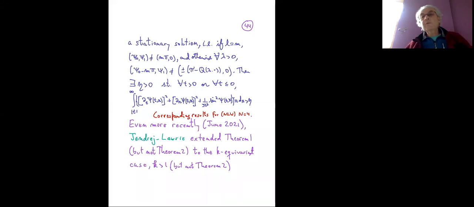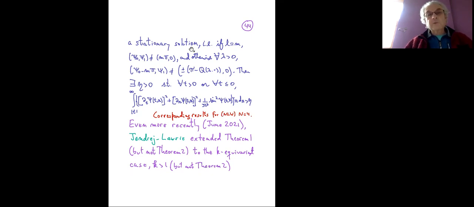But things move quickly in this area at this point because we've had all these breakthroughs and now we have this accumulation of information. And more recently, in mid-2021, Jendrej and Lawrie extended theorem 1 about the decomposition to the k-equivariant case for all k.